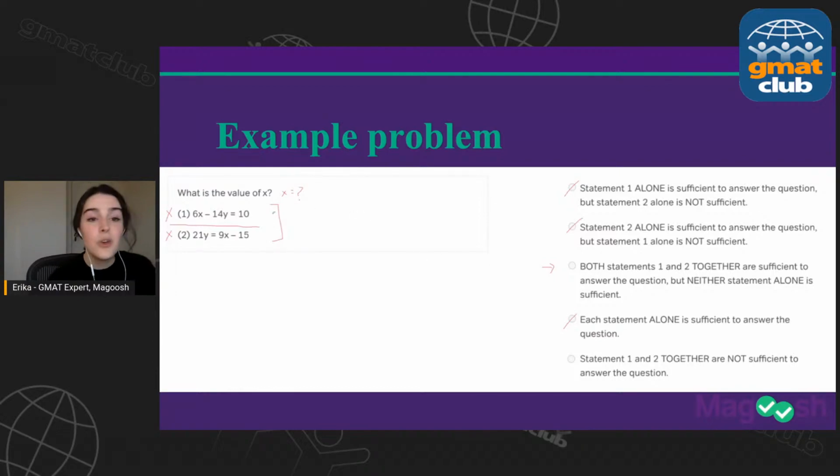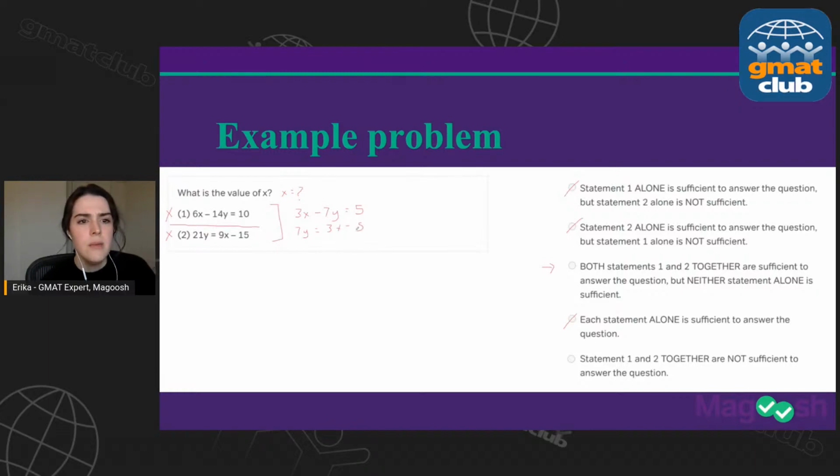We might take these equations and start to simplify them, start to take them down. And we see that in statement one, we've got a common factor of 2. So we've got 3x minus 7y equals 5. In equation 2, we've got a common factor of 3. So we divide by 3, 7y equals 3x minus 5. And I'm going, wait, hold on.